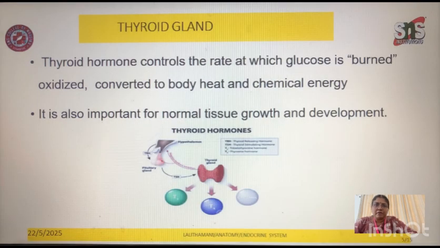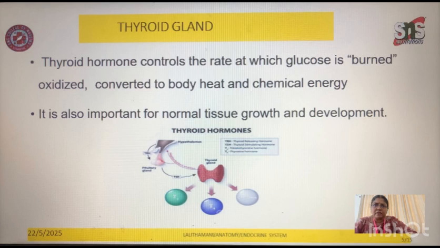The very first one is the thyroid gland. The thyroid gland controls the rate at which glucose is burned, oxidized, and converted to body heat and chemical energy. It is also important for normal tissue growth and development.